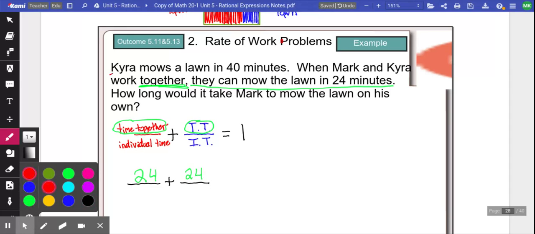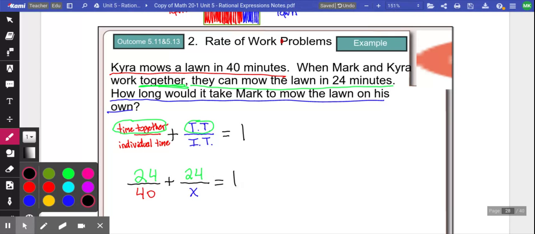Kyra's individual time is 40 minutes. Mark's individual time is unknown. How long would it take Mark to mow the lawn on his own? That's X. And together, it equals one job done.